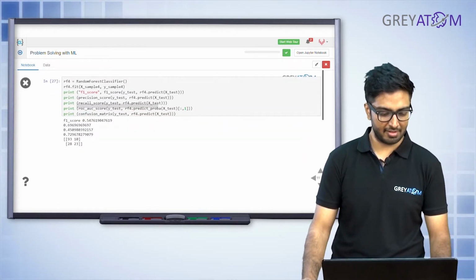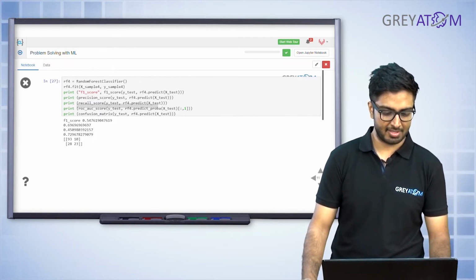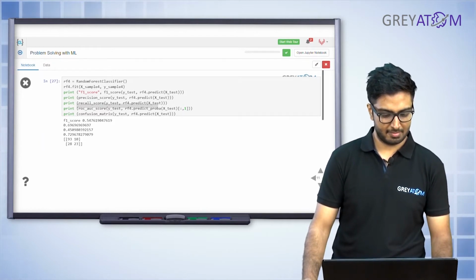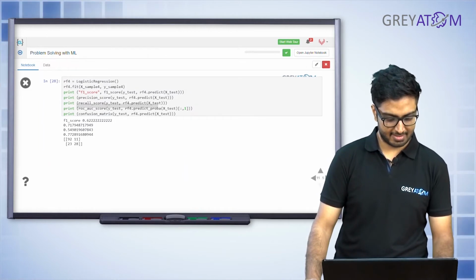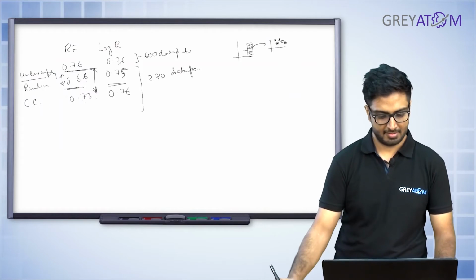So first we fit a random forest, and in random forest we see the AUC has dropped again to 0.729, which is roughly 0.73. And our random forest is even better, at 0.77. So let me write that.